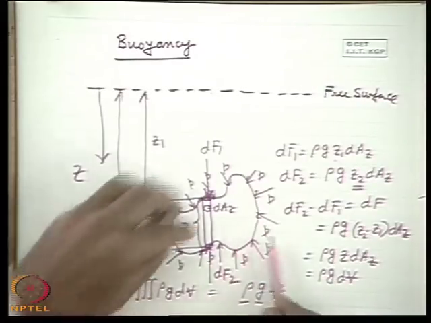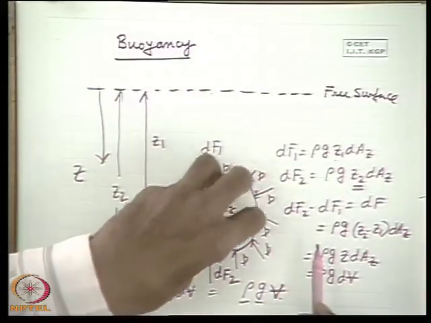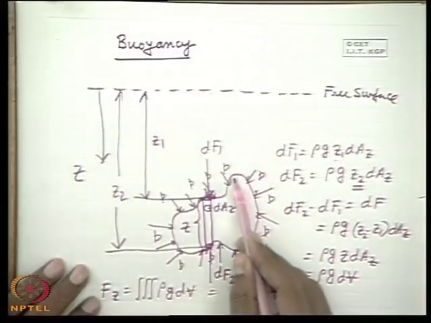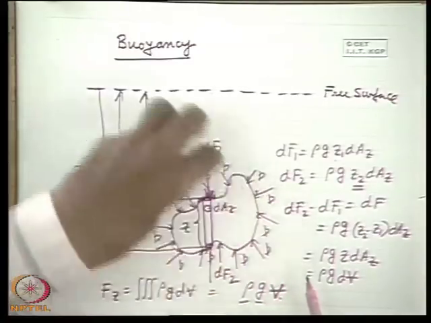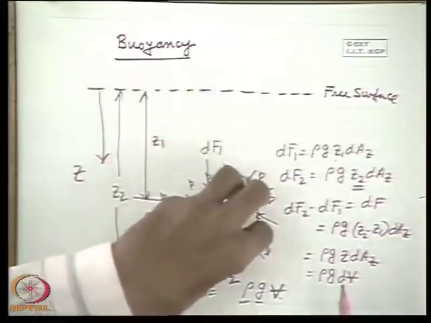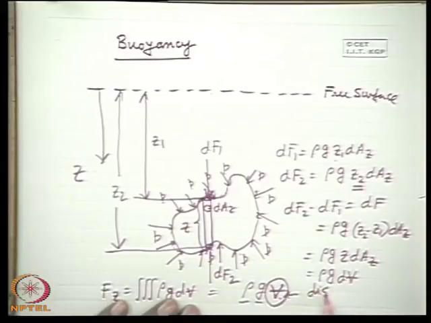Okay. Now you see that when the solid body exists here under submerged condition, it has displaced the liquid in this portion. So the same volume of liquid has to be displaced by the solid, so that the solid makes its space. That is why this V is sometimes referred to as displaced volume.